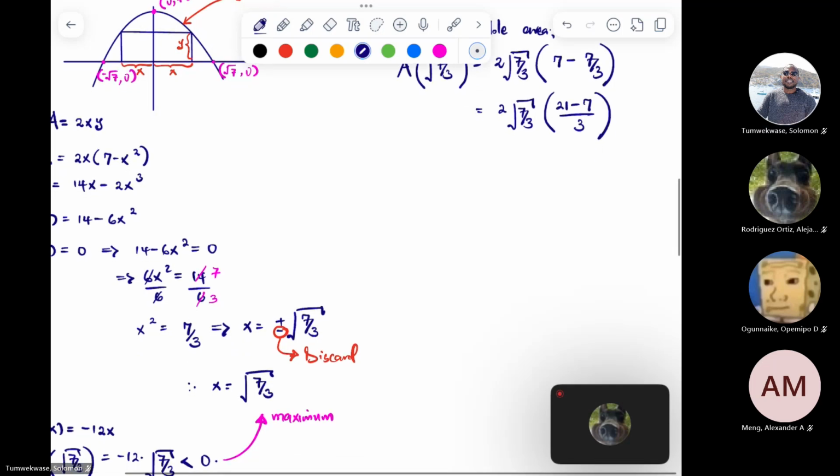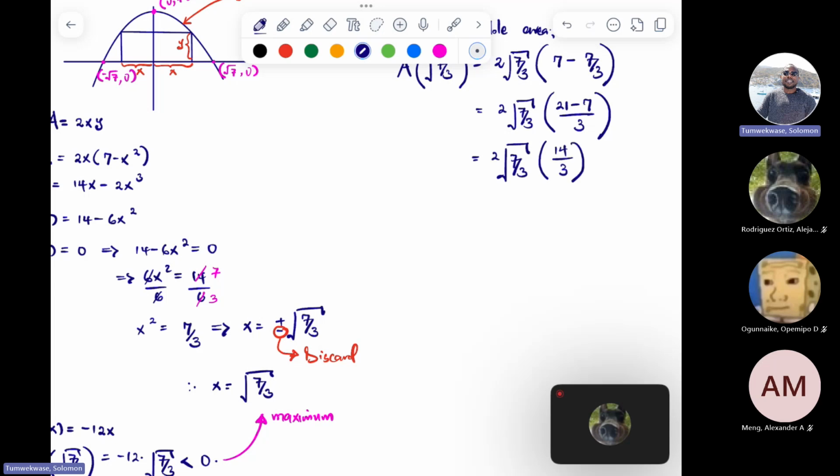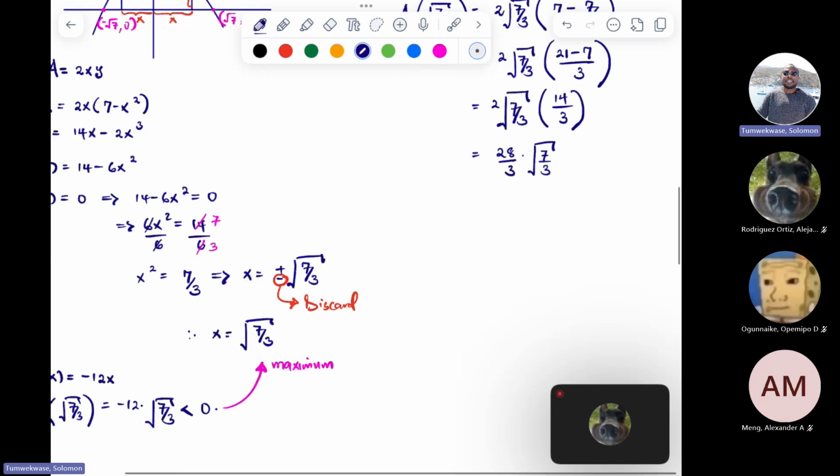And this is 2 times square root of 7 over 3 times 14 over 3. This 14 can multiply with 2 to give me 28, then over 3. So I'm getting 28 over 3 times square root of 7 over 3.